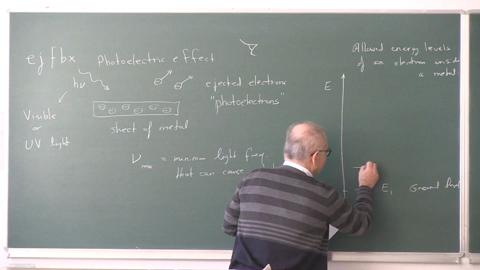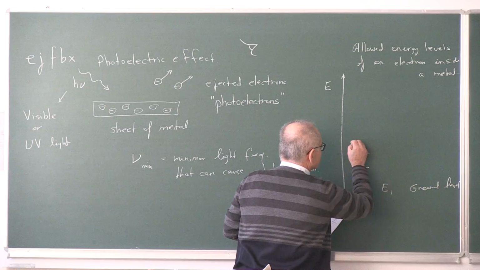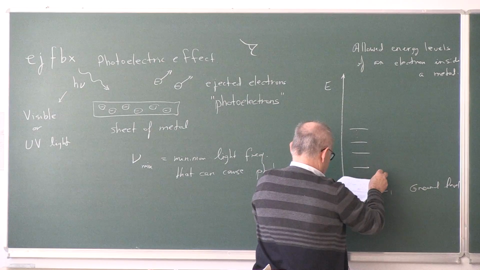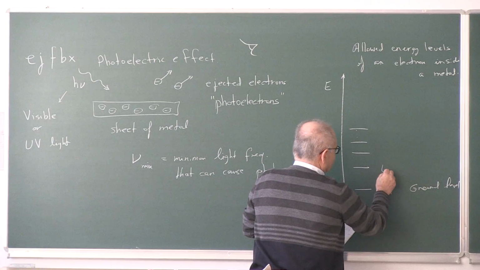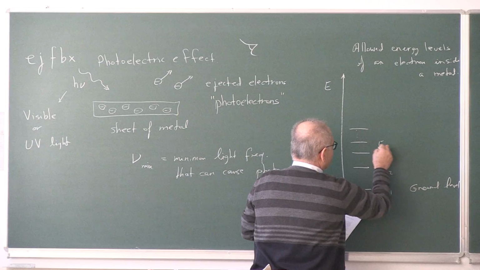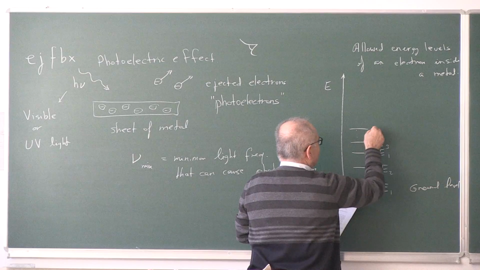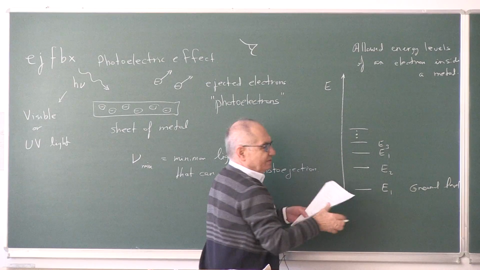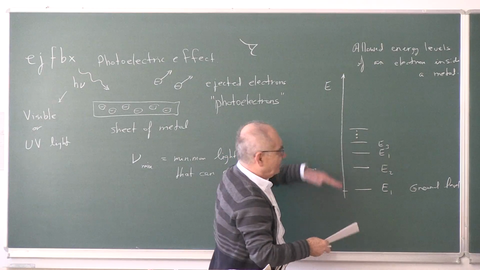Then there are excited energy levels. Let us number them: E1, E2, E3, and here I have put 3 dots. This means it continues like that.